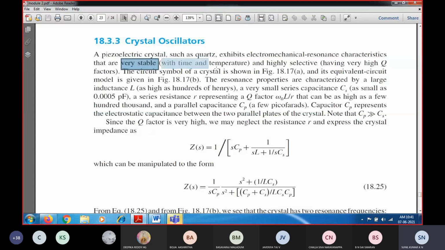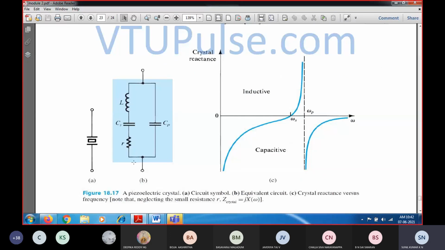That means if there is any variation in temperature, or fluctuation in the components, it is not going to affect. It has a high Q factor, and its equivalent circuit model comprises an RLC and another capacitance connected in parallel to that RLC.